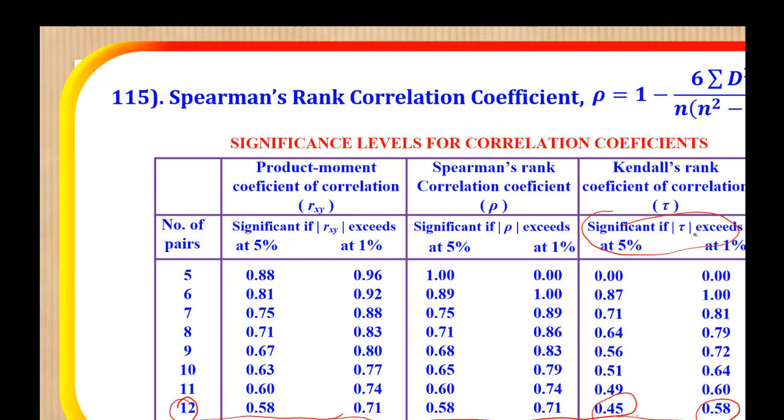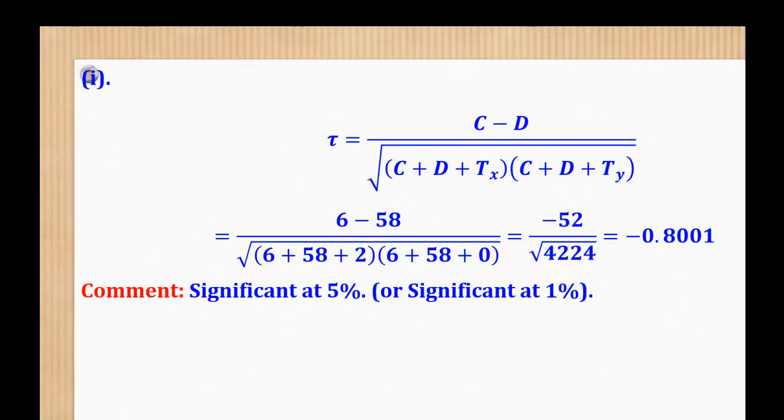So for us, we got 0.8001. This value is bigger than this, so significant at 5%. This one is also bigger than this, so we shall say significant at 1%. So that's why you're seeing those comments.